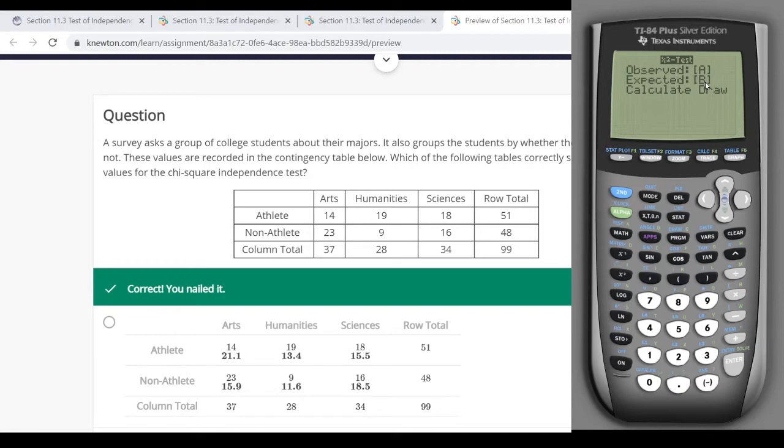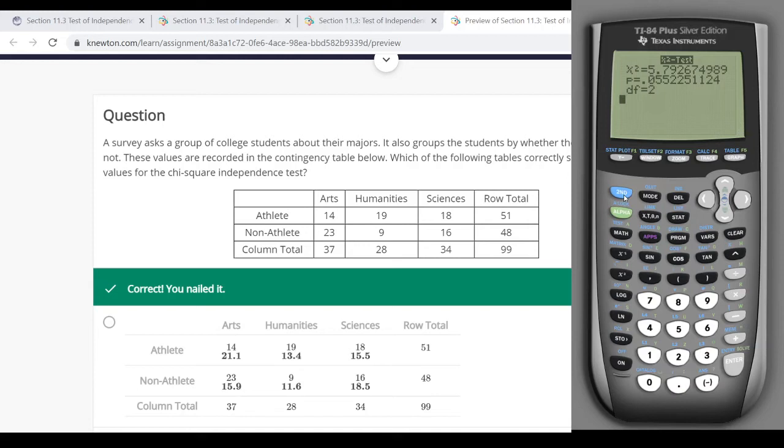This is matrix B here. Go calculate, and now up pops the test statistic, 5.7926. That would be all the observed minus the expected squared, divided by the expected, added up. And then you got a p-value and degrees of freedom and all that.